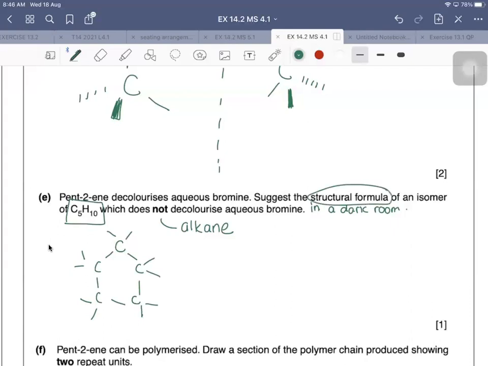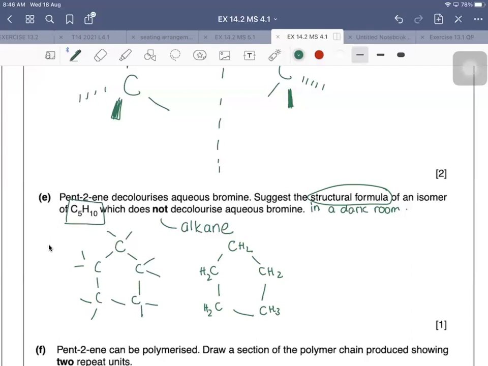Now, structural formula. How do you draw a structural formula for this? You just draw it like that. Do we show the bonds? Yes, you show the bonds because it is a cyclic molecule.